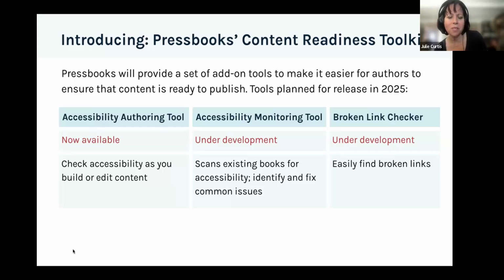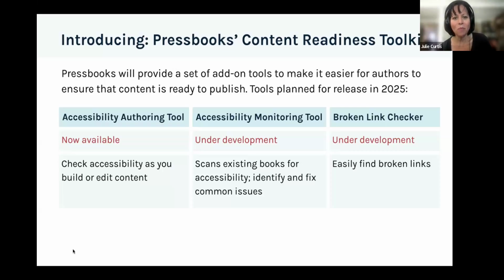I think many of you participated in our customer satisfaction surveys over the last couple of years, where we asked for your input on, of all the things Pressbooks could focus on, what would you find most beneficial? Last year, things to help us with accessibility and things to help us with broken links were both some of the top ranking items.